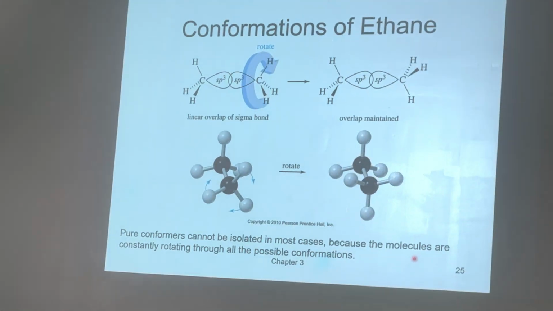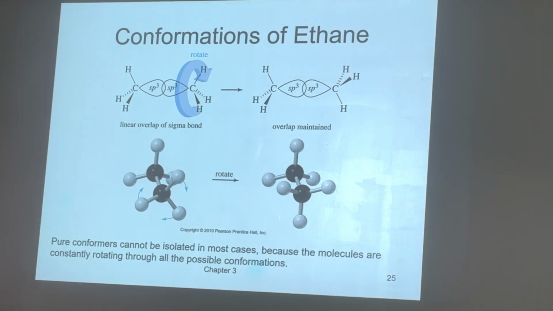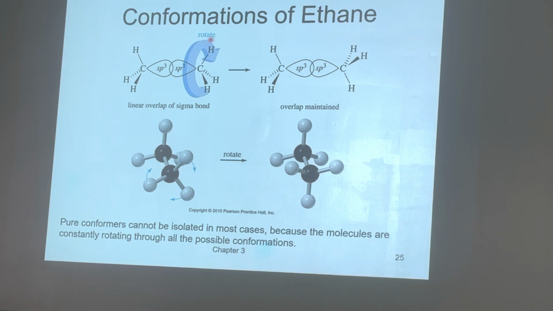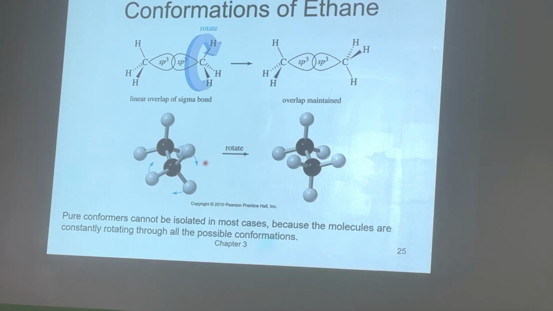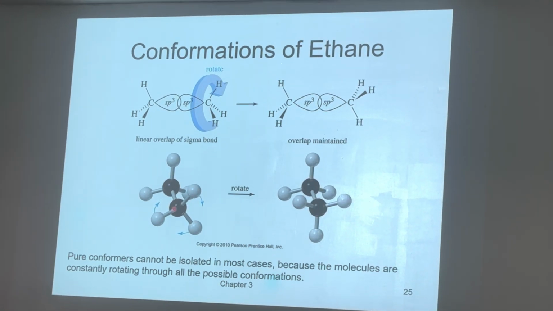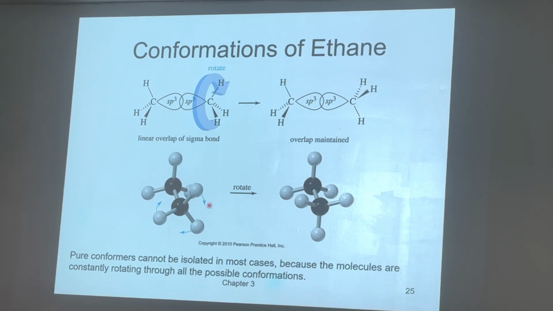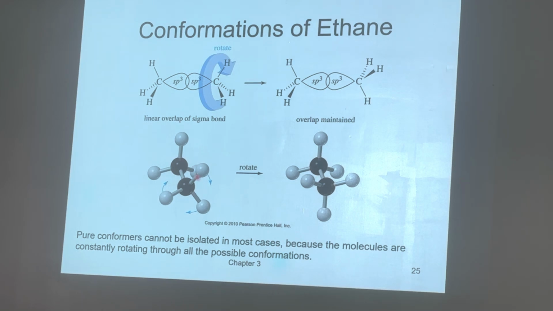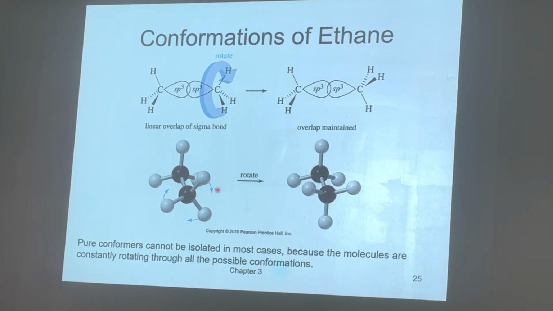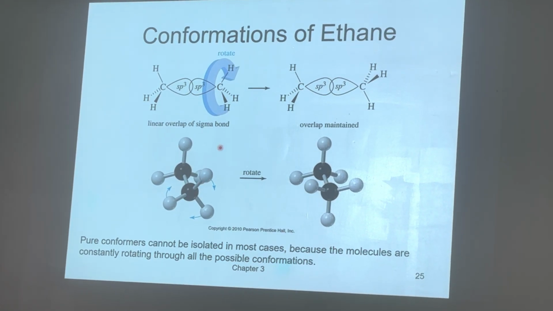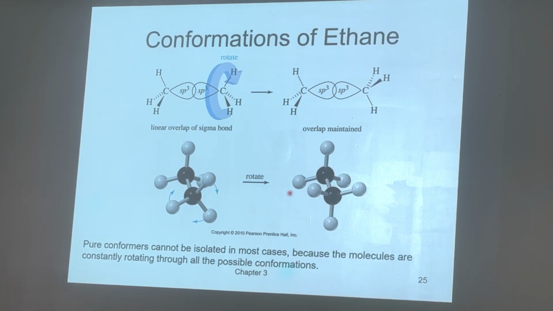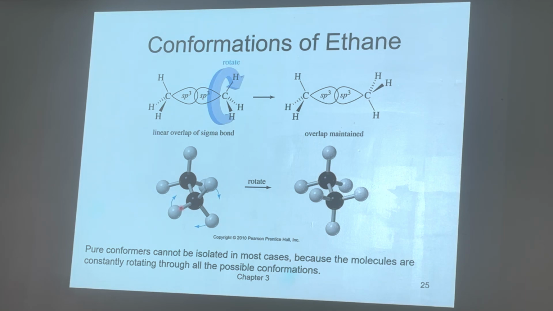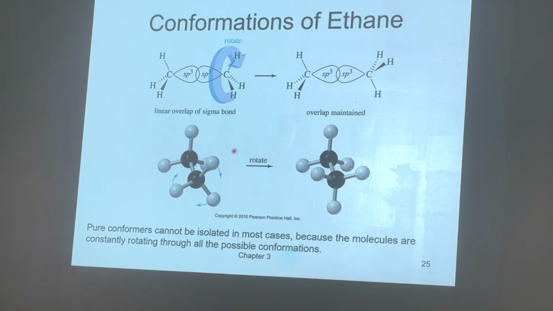So what you notice is that because this sp3 single bond allows for rotation, you could get a conformer that looks different. Right now this hydrogen is on top of the molecule, and then you switch it around where the hydrogen is on the bottom, and these two hydrogens are split in between.